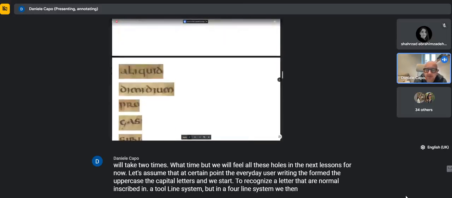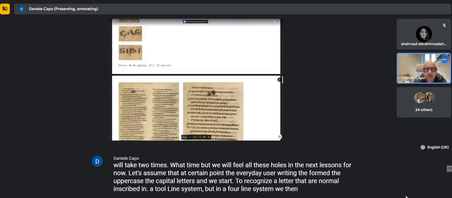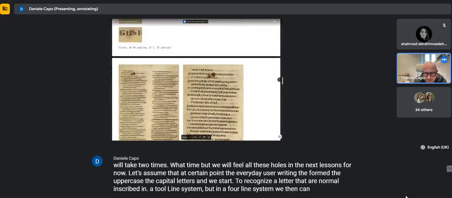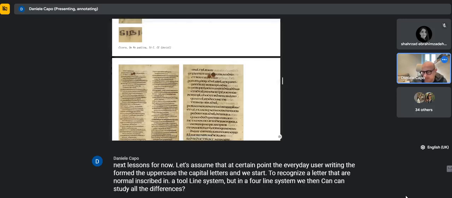We can then study all the passages from the early minuscule to the new minuscule.